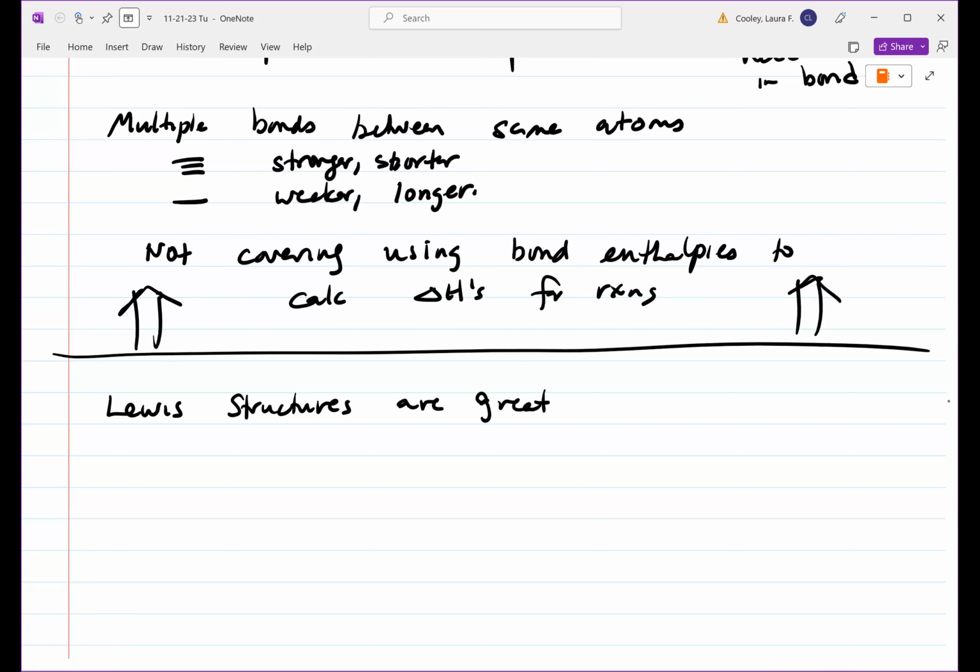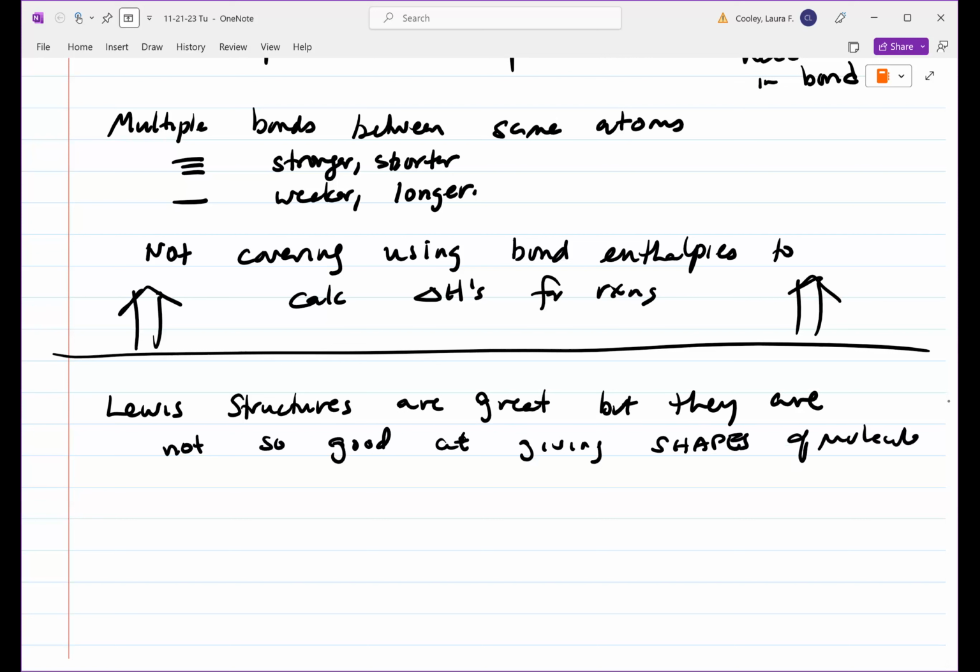I just love them to pieces. But they do not give a complete picture of the shapes of molecules. They're not so good at giving us the shapes of molecules. Let me explain what I mean by that.